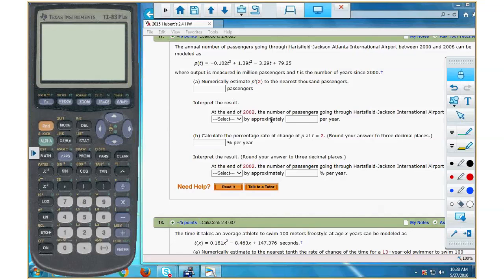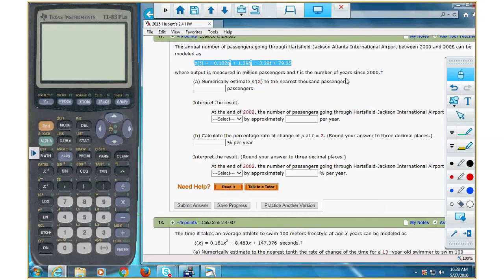So anyway, here you take the derivative, because that's what we're doing. Take the derivative, put it off to the side. This says numerically estimate P sub 2. So plug in 2 to negative 0.204 t squared plus 2.78 t minus 3.29.